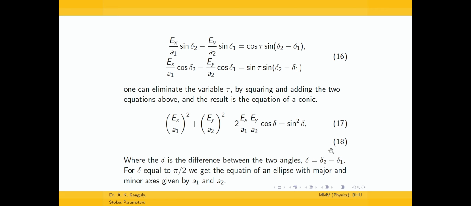This delta is a difference between these two differences.